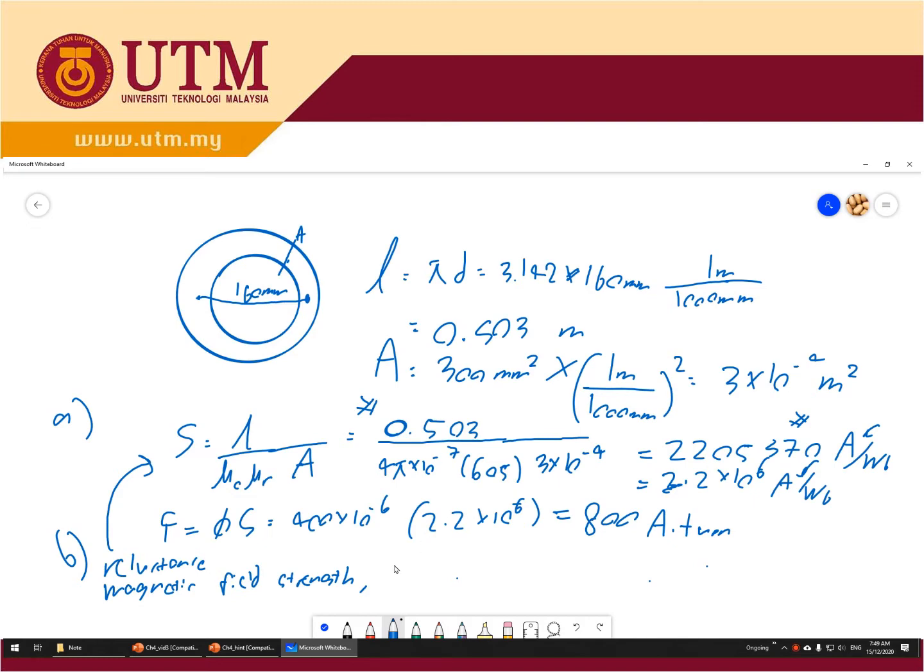H equals F over L. F is 800 divided by L, which is 0.503 from here.